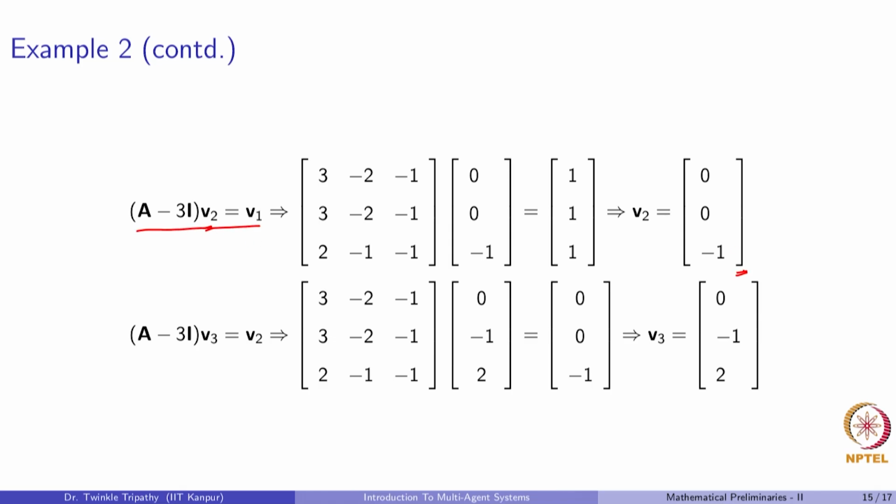Through some algebra, we get this as a suitable value of V2. We repeat a similar process for V3 and get another eigenvector V3. Now I leave this task to students to verify. Suppose we now go ahead to calculate S inverse AS, where S again consists of this.